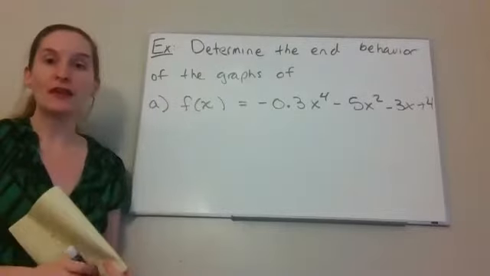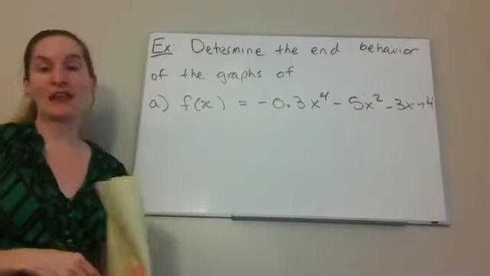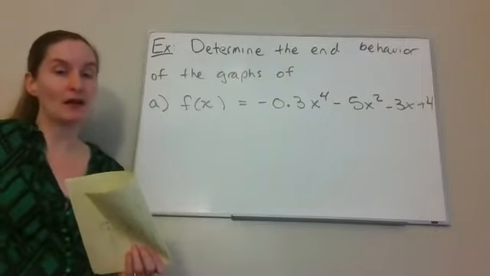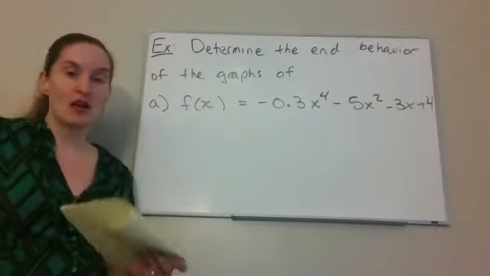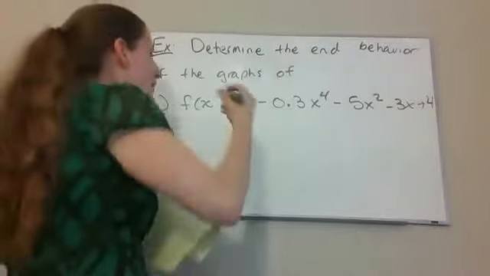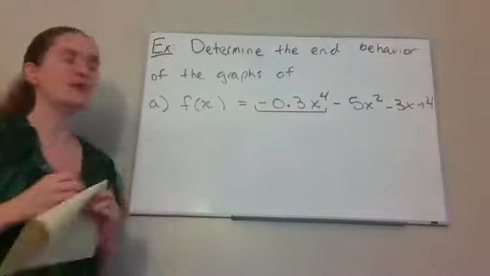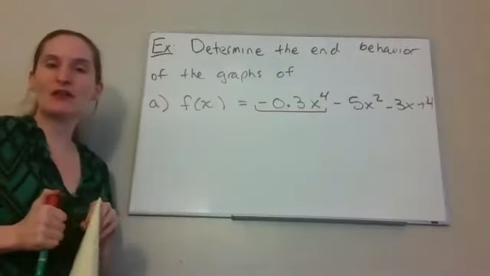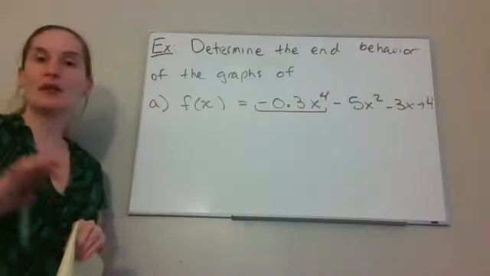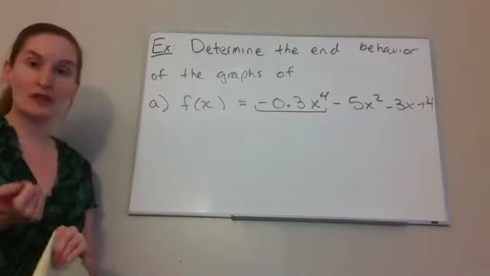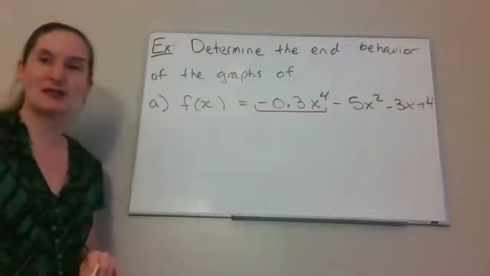So if we're trying to figure out what this graph looks like at the ends, so for really, really big values of x in either the positive or negative direction, we only have to look at what happens to this first term. Because when you plug in really, really big values, that x to the fourth dominates the rest of the equation. It ends up being so much larger than everything else that the rest of that doesn't really matter as much anymore.